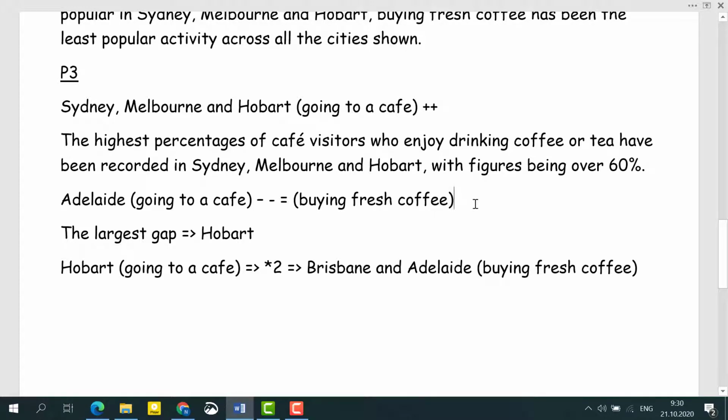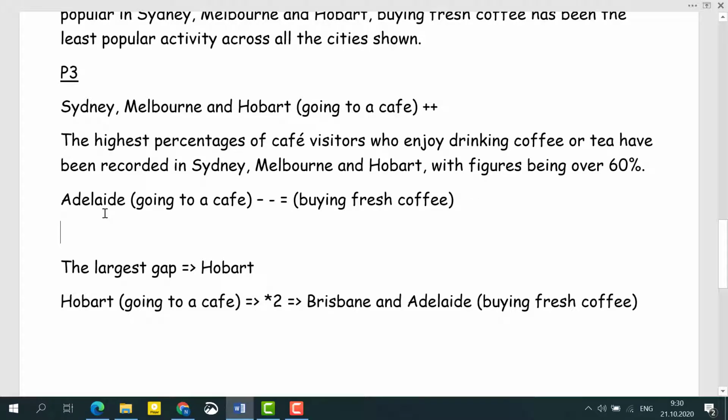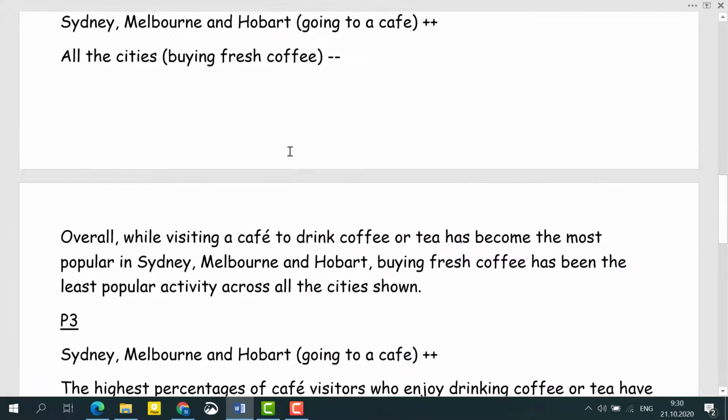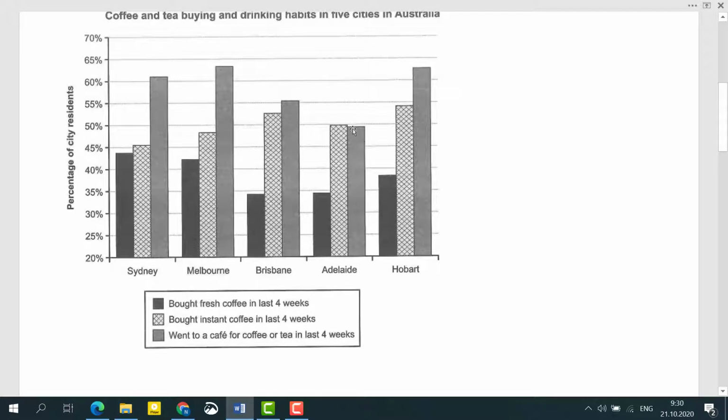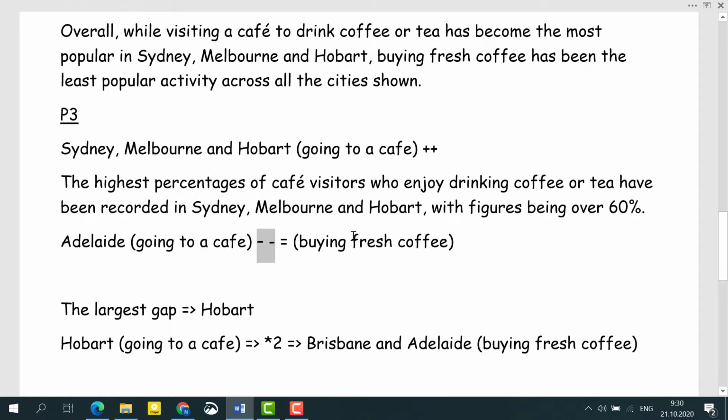Now let's move on. So the next one is Adelaide, going to a cafe. Okay, and this one has the lowest percentage here, if you look at this carefully, and that's what I'm going to indicate now. Now let's just see how I will do it.